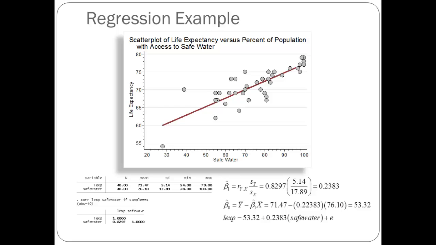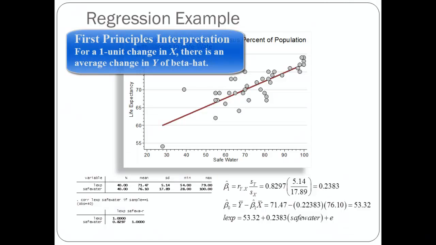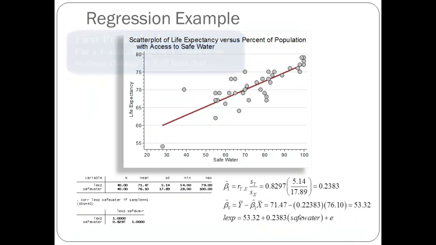I always try to interpret this in the most fundamental way. The most literal interpretation of this particular coefficient, this 0.2383, is that for a 1 unit increase in x, there is a 0.2383 unit increase in y. That's a great starting place because it's absolutely correct and it gets you thinking about direction and magnitude.